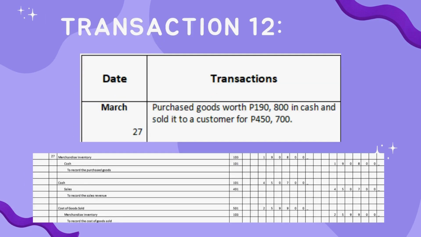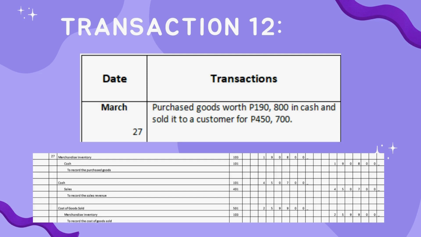Transaction 12, March 27. Purchased goods worth 190,800 in cash and sold it to a customer for 450,700. In the General Journal, merchandise inventory will be debited with 190,800 pesos and cash will be credited with 190,800 pesos.